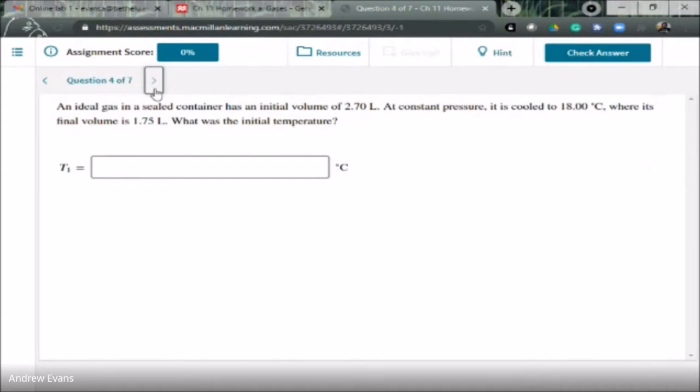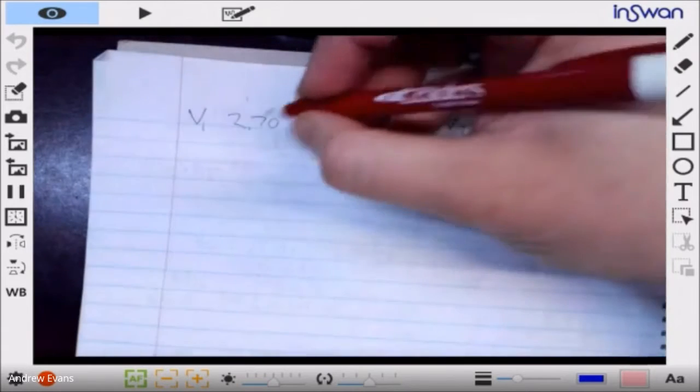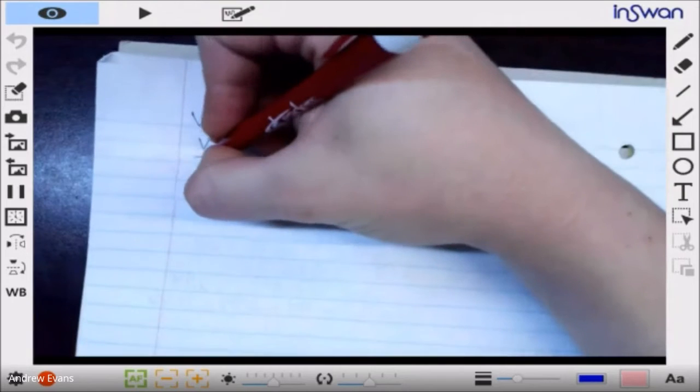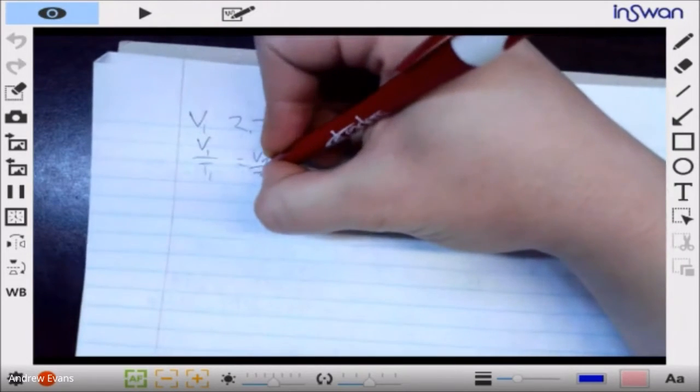So we aren't given T1, we are given T2. This one is a little bit harder, in that it gives you Celsius and expects you to answer in Celsius. What you naturally want to try to do is probably leave it in Celsius, but everything has to be converted into Kelvin. So V1 over T1 equals V2 over T2.